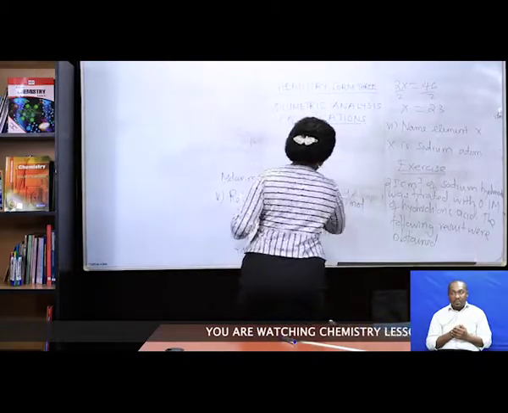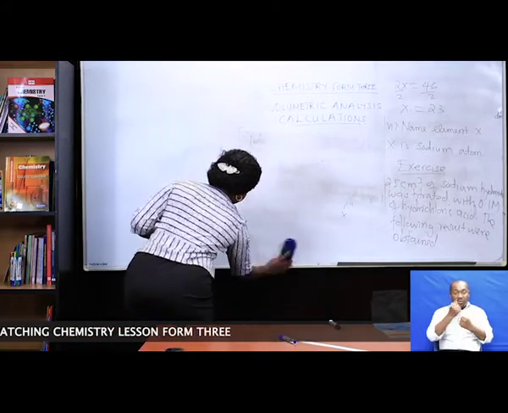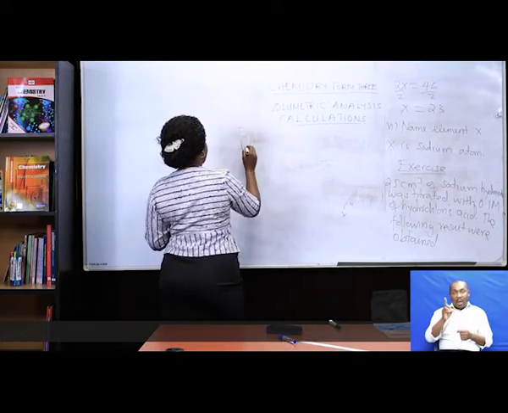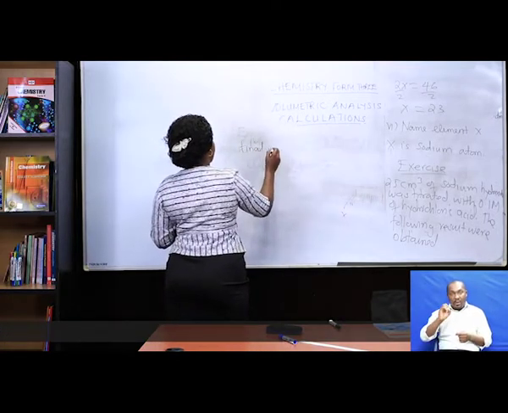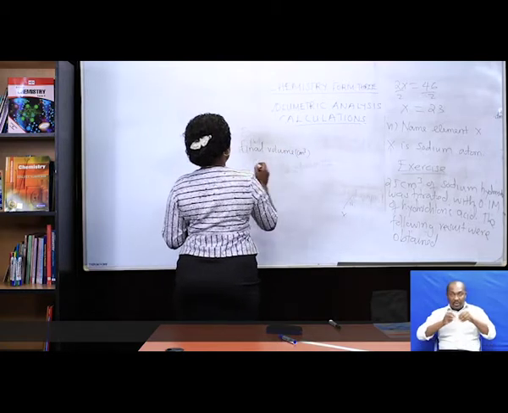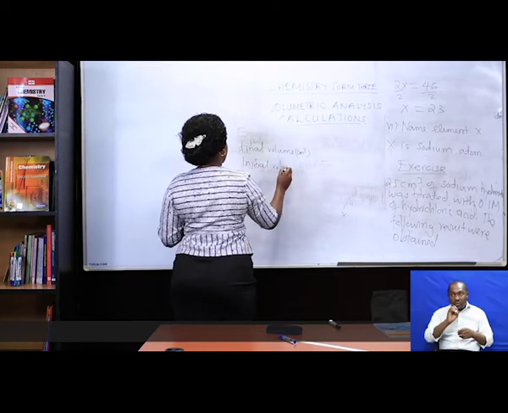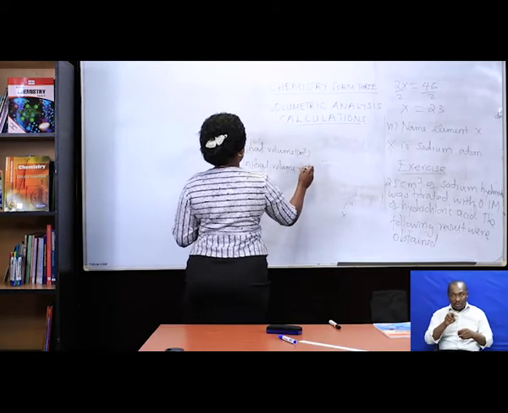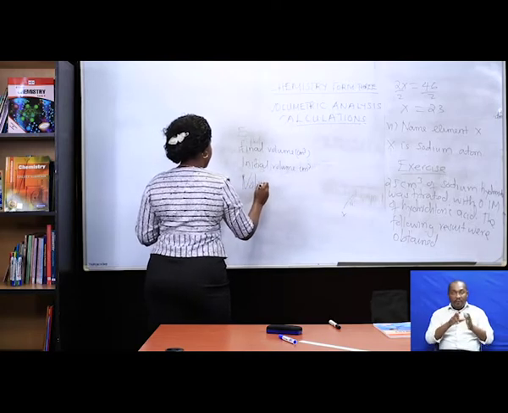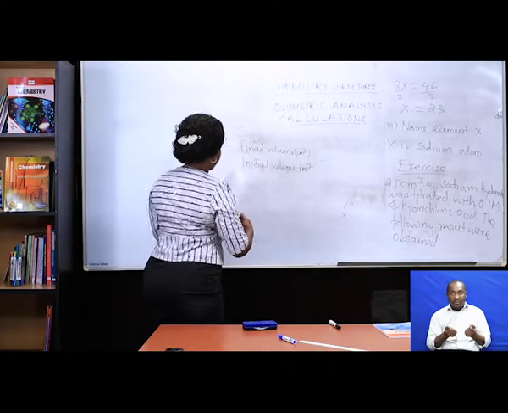So this is the result obtained when sodium hydroxide was titrated against the hydrochloric acid. So we have the final volume in cubic centimeter. We have initial volume in cubic centimeter. We have the volume used.